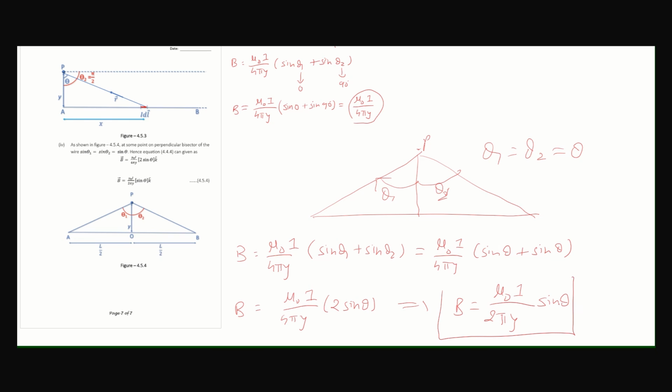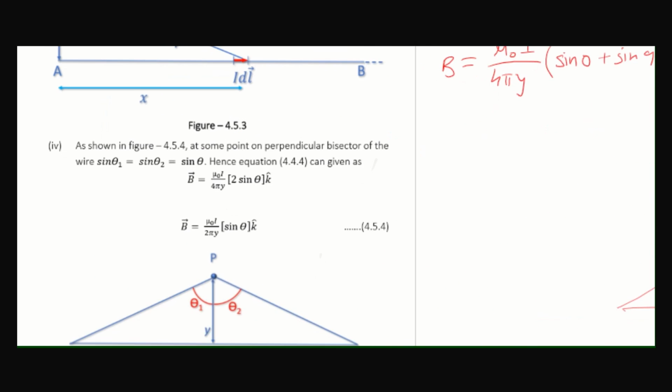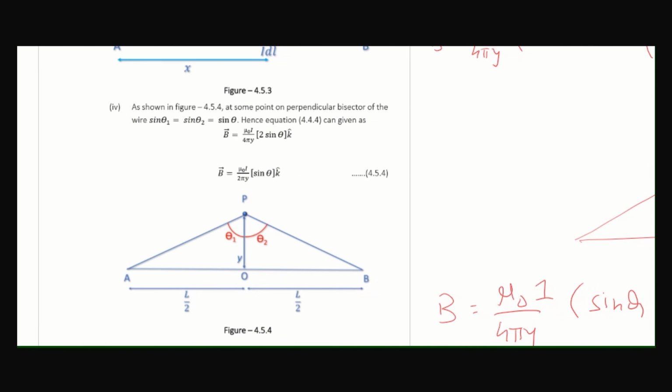This is the expression when the point of interest is on the perpendicular bisector of the wire. So this is the last special case for today, and that was the topic.